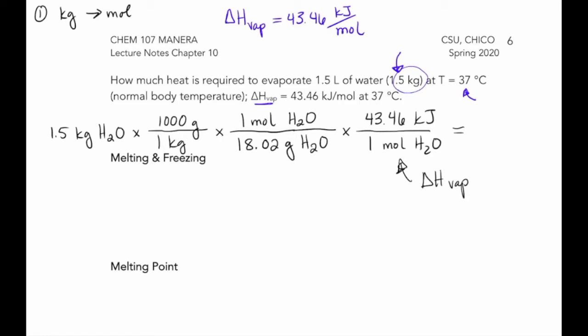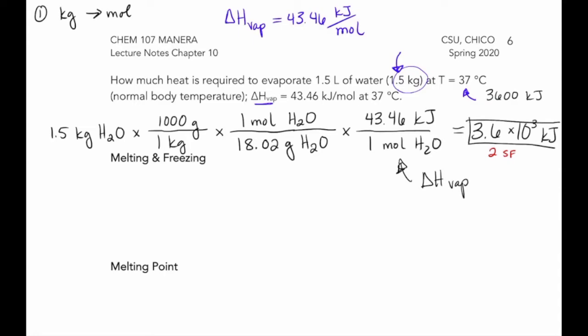And let me double check my work. So I'm going to look for 2 significant figures, and I get 3.6 times 10 to the third kilojoules. I put it into scientific notation. I have 2 significant figures, and I put it into scientific notation, but you could also write, it'd be the same answer if you wrote 3,600 kilojoules required.